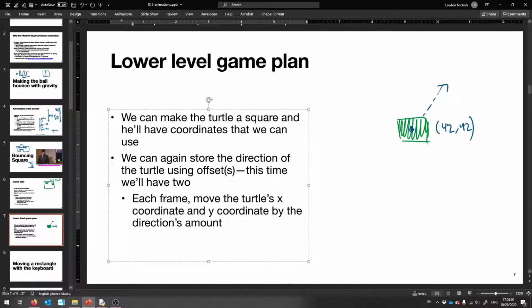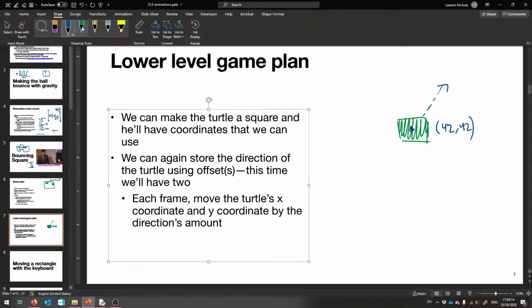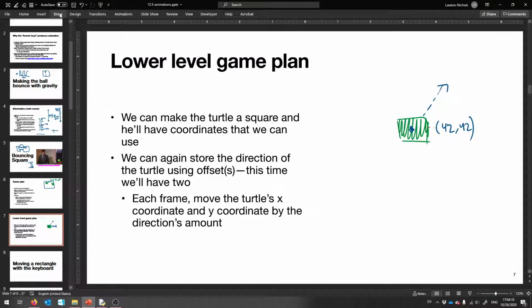What that means, how does a direction dictate a coordinate offset? Here's how. Each frame, please, Mr. Turtle, move like 2 pixels in the positive X direction, and 3 pixels in the Y direction. So plus 3 in X direction, and, sorry, maybe 3, 4 then, plus 4 in Y direction.